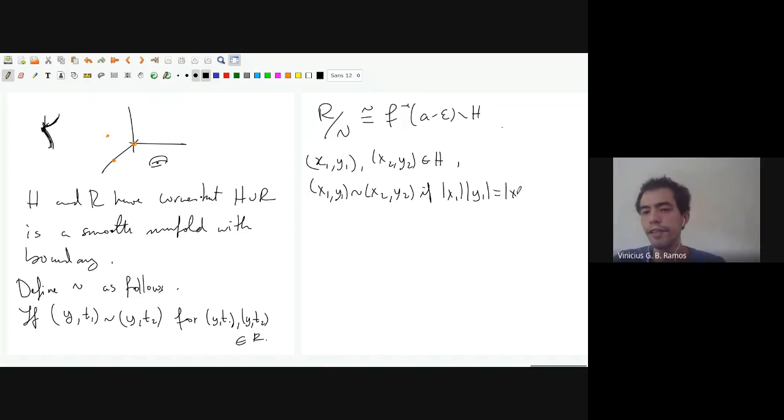So if norm of x1, norm of y1 equals norm of x2, norm of y2 equals delta, and norm of x1 equals norm of x2, norm of y1 equals norm of y2.